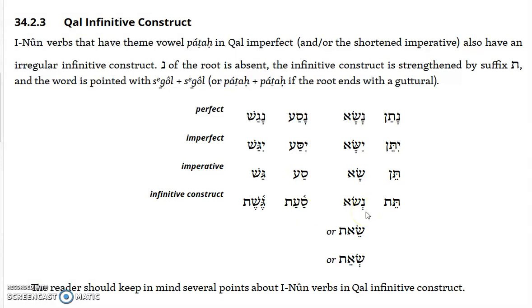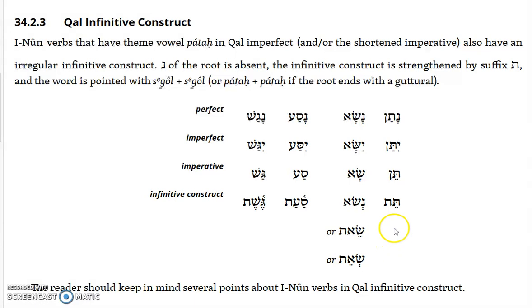With nasa, you actually get three different forms of the infinitive construct, one completely regular, neso, but one in which you compensate for losing the nun in the front by adding a tav, and originally you would have had segol, and two short segols add up to one long segol, and you get a seeth. And then sometimes it'll move and you get a se'eth.